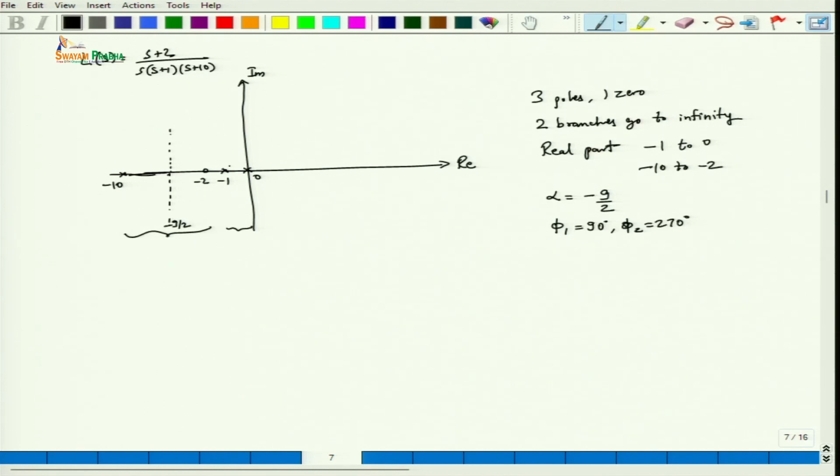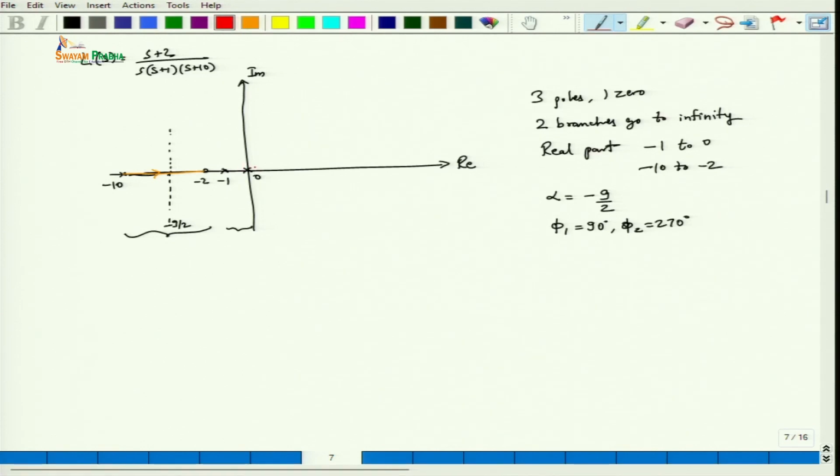Now one of the root loci will start from -10 and go all the way up to -2.